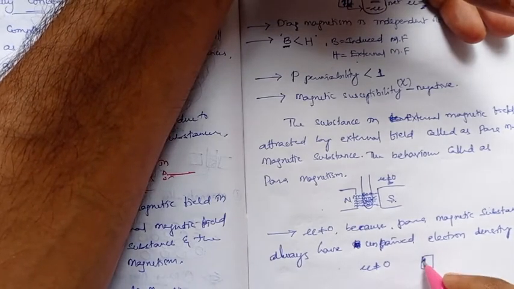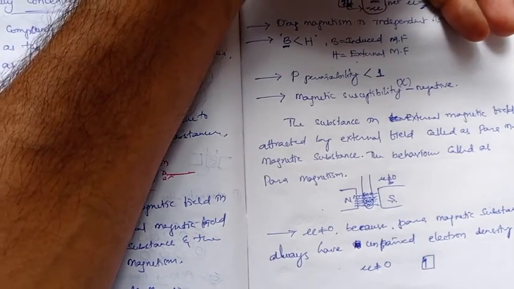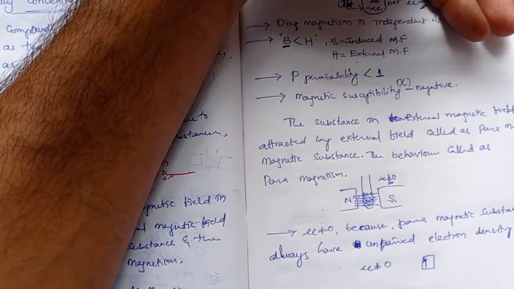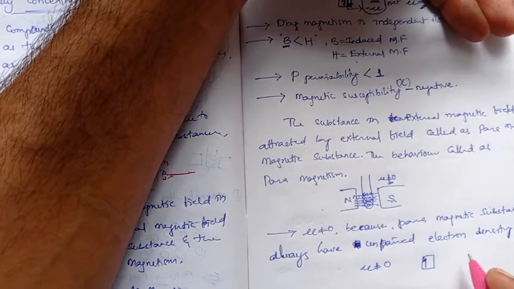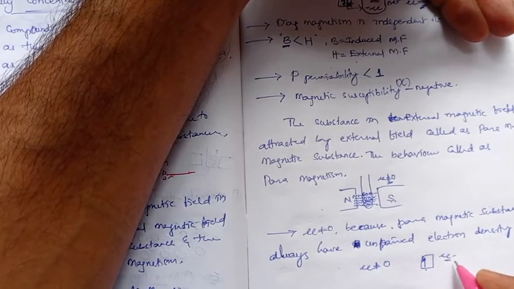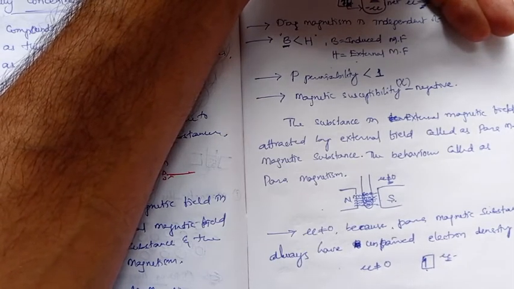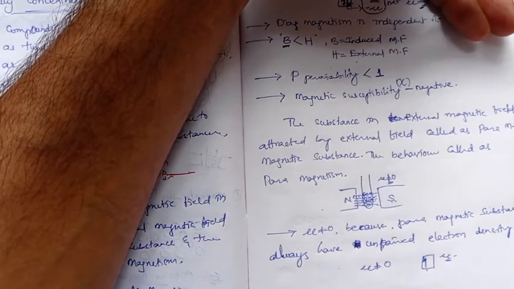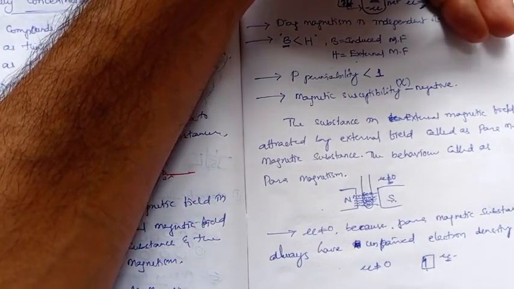This counts toward the magnetic moment and results in a magnetic moment value not equal to 0, right?